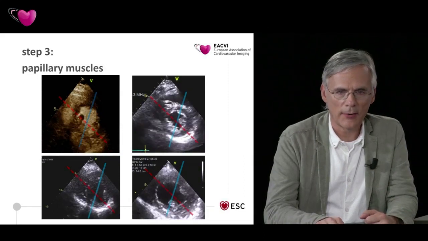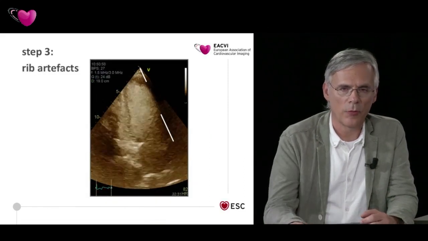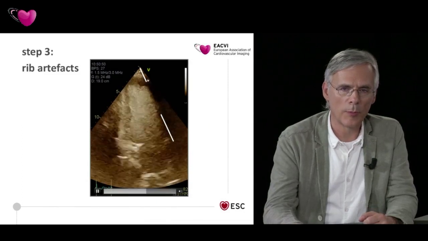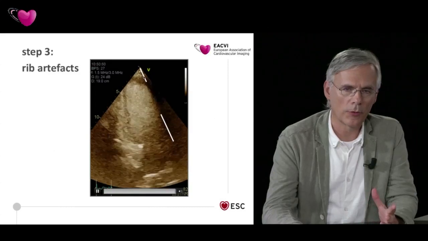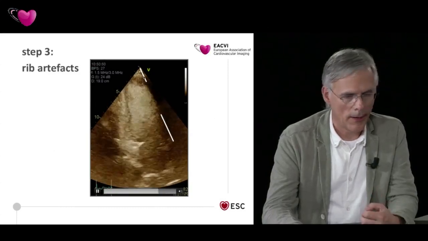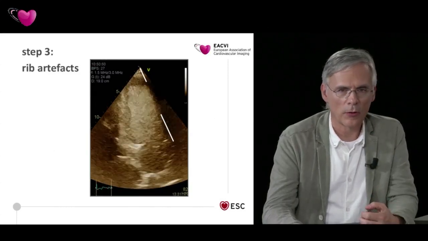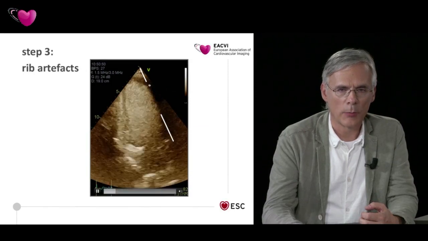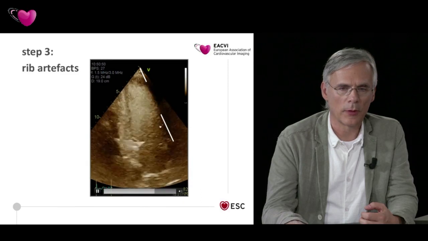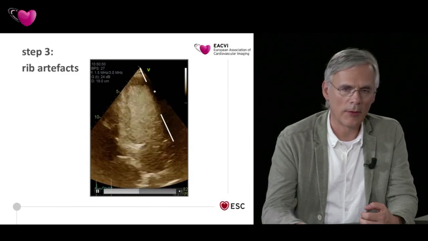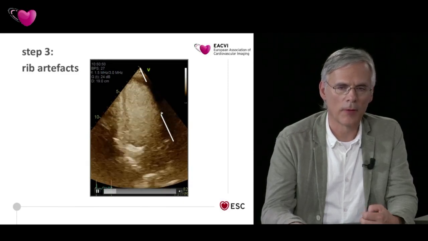images. The next thing is that we have to avoid rib artifacts. The rib here is here, and then because of the use of a low transmit power, we have strong shadows and they appear as straight lines, and it is impossible to delineate the endocardial border in this region.